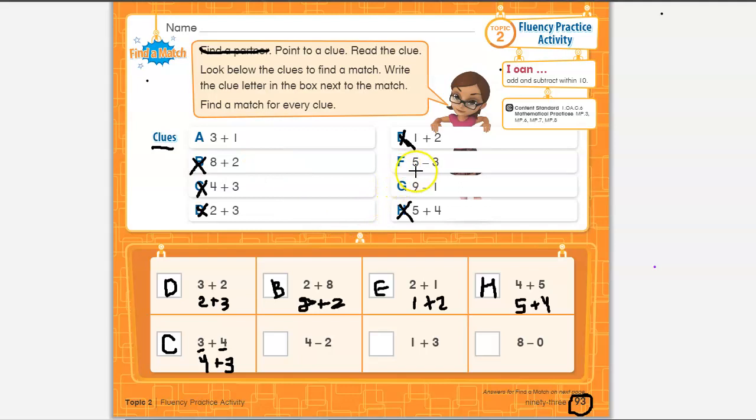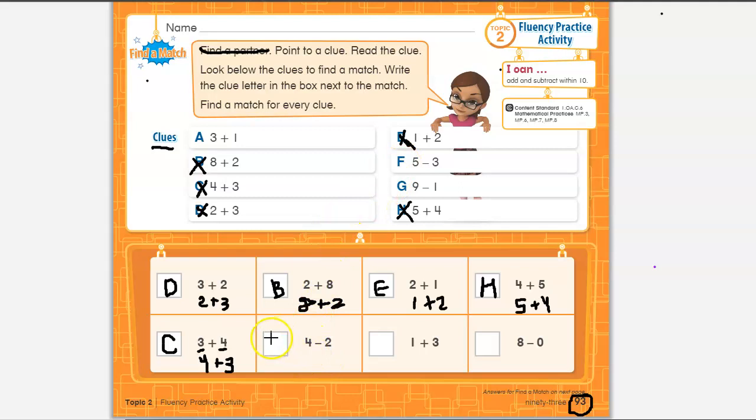What about 5 minus 3? If I have 5 and I take away 3, so if I have 5 fingers up and I put 1, 2, 3 of them down, I have 2 left. 5 minus 3 equals 2, and 4 minus 2 also equals 2.